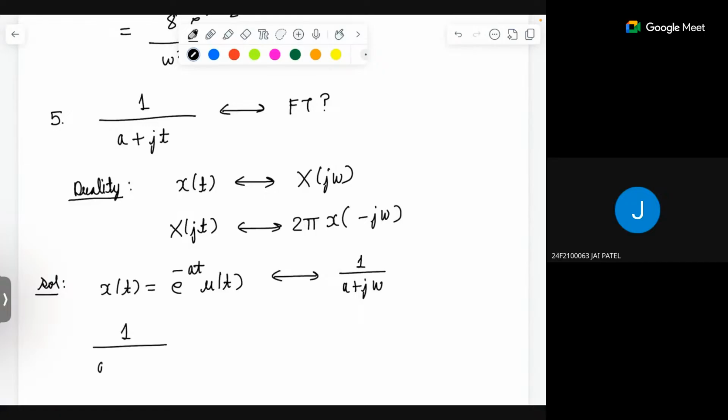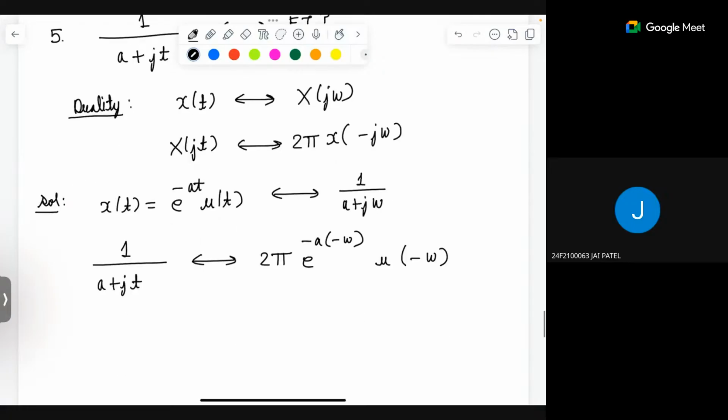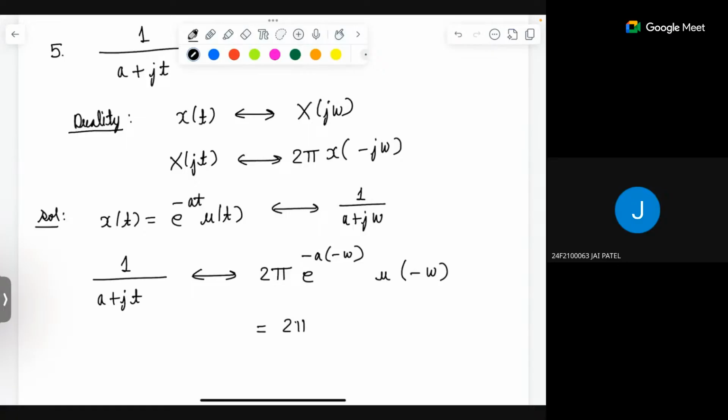So 1 upon a plus jt will have the Fourier transform 2 pi e raised to the power of a omega, with t replaced by minus omega, u of minus omega. So I get 2 pi e raised to the power of a omega u of minus omega. This is the Fourier transform for this.